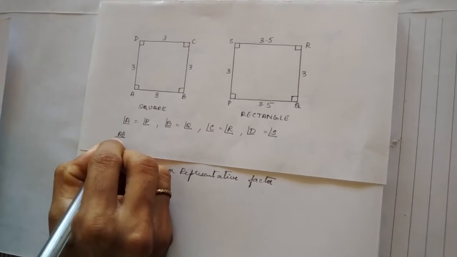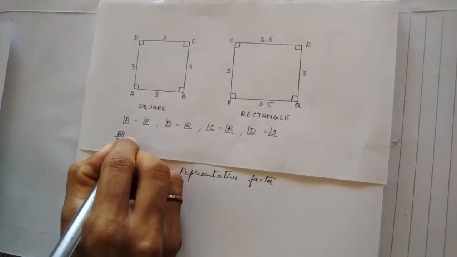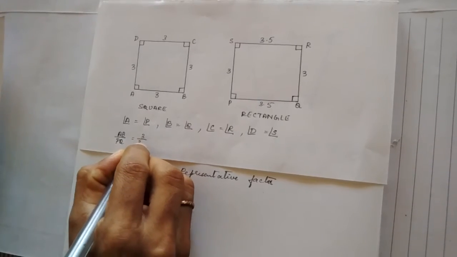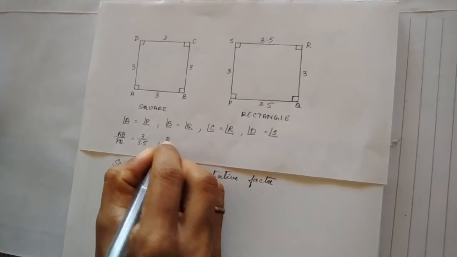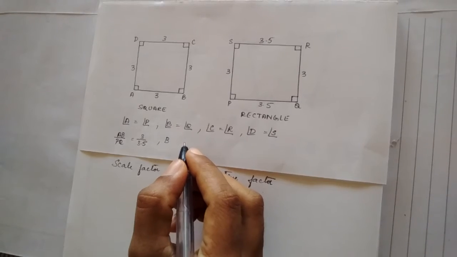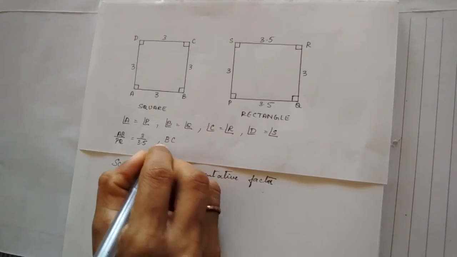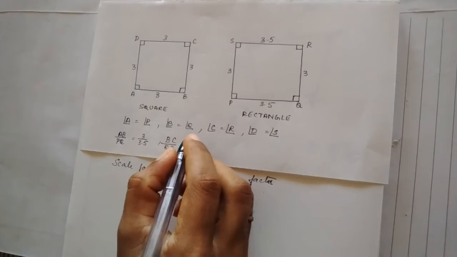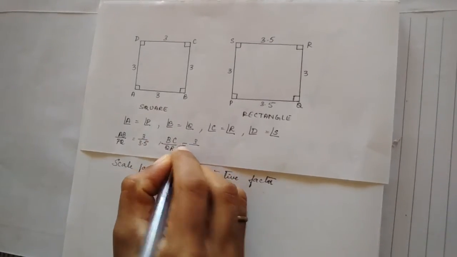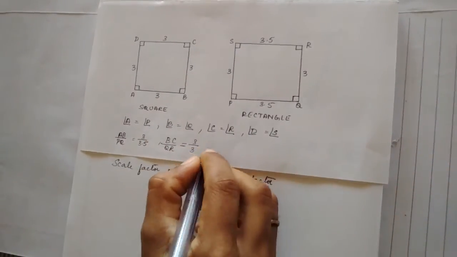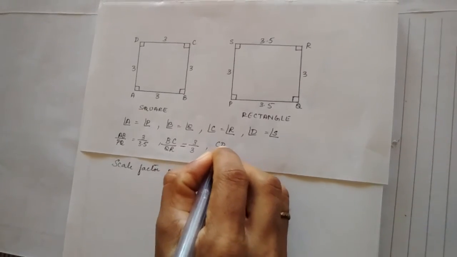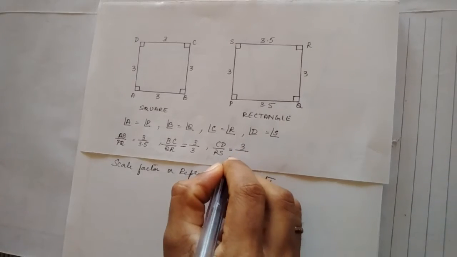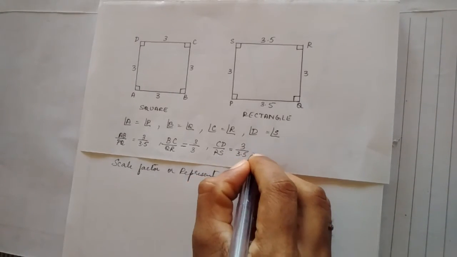Side AB divided by side PQ is equal to the value of AB is 3, PQ is 3.5. Next we have BC divided by QR equals to, measure of BC is 3 divided by QR is 3. So next we have CD divided by RS. CD measures 3 and RS measures 3.5.